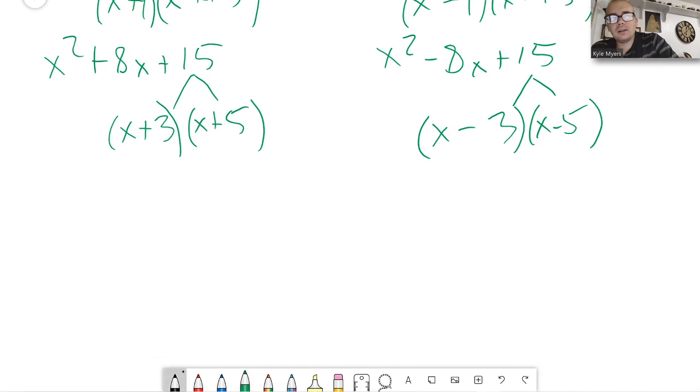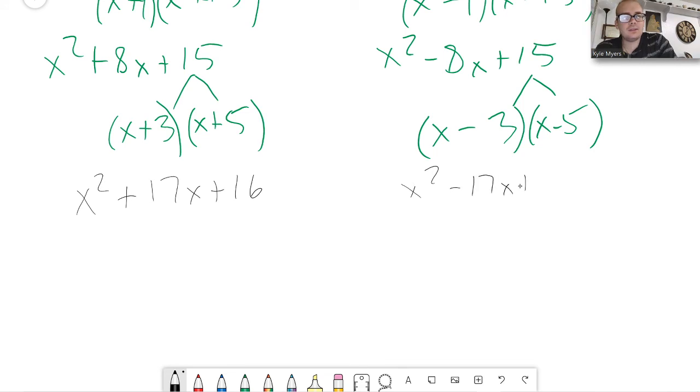Next up is 16. This is another square number, the last of our square numbers before we reach the end of this video, which is coming shortly. We're getting to the end here. So we would start off with x squared plus 17x plus 16, x squared minus 17x plus 16.